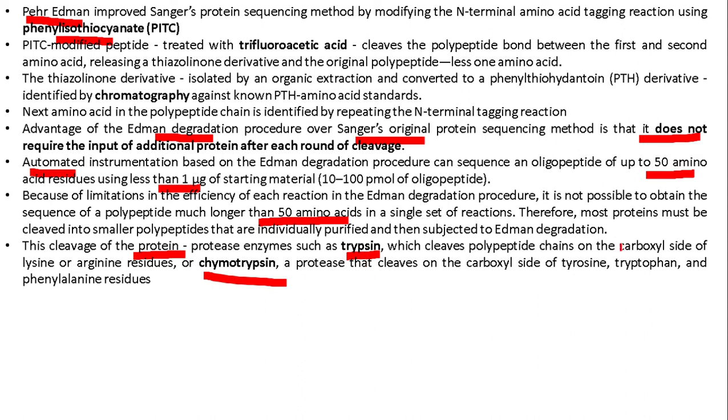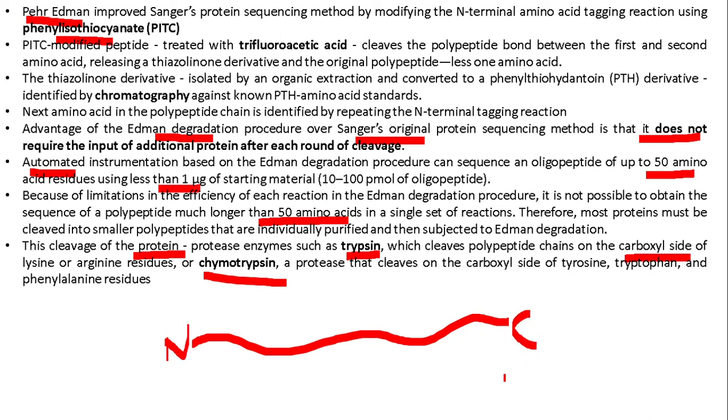Trypsin hydrolyzes the carboxyl side of lysine or arginine residues. Just imagine this is a polypeptide chain. This is the amino terminal. This is the carboxyl terminal. Imagine there is a lysine here. There is a lysine. And this is another amino acid. We call it X. If you are adding trypsin, trypsin will break down here.